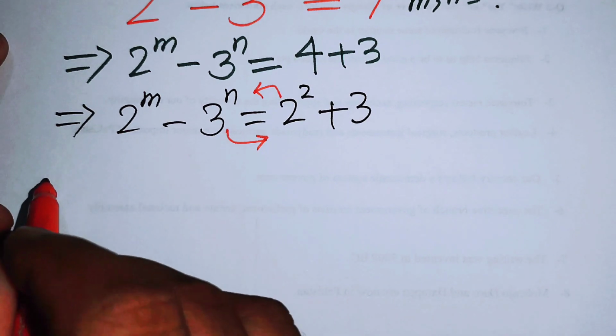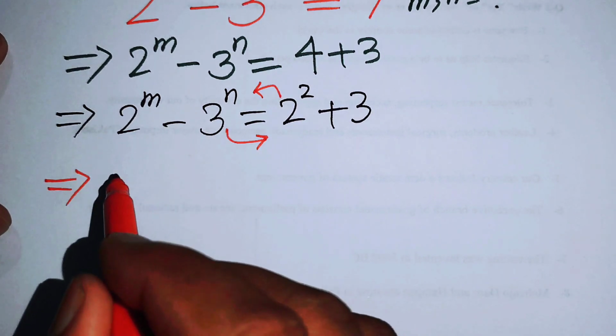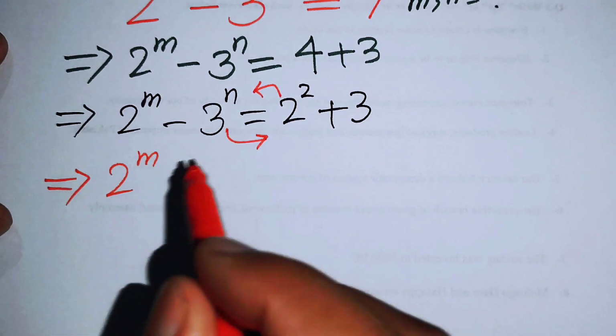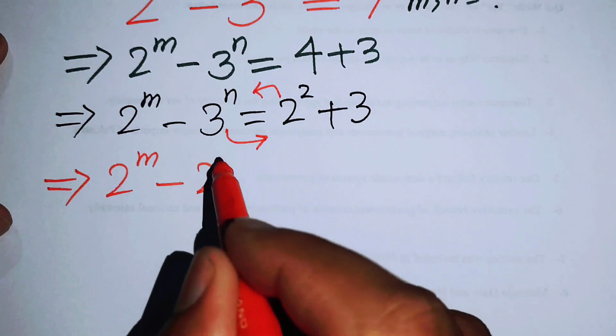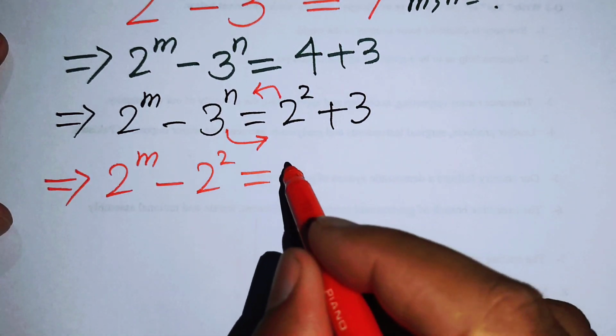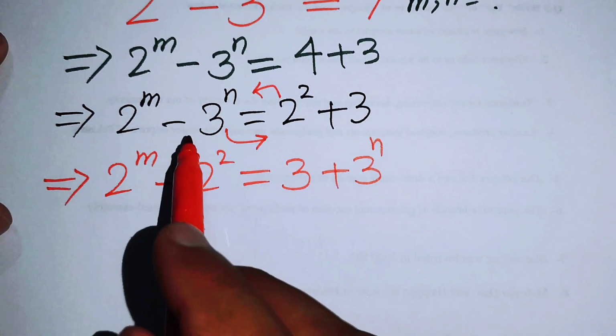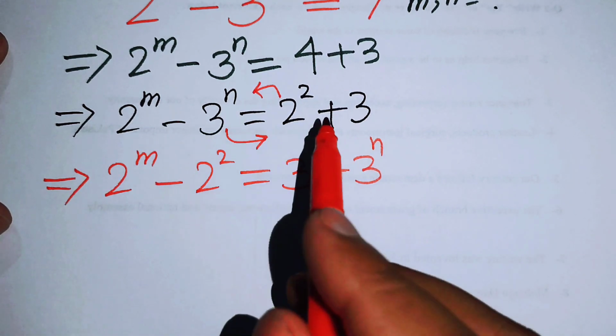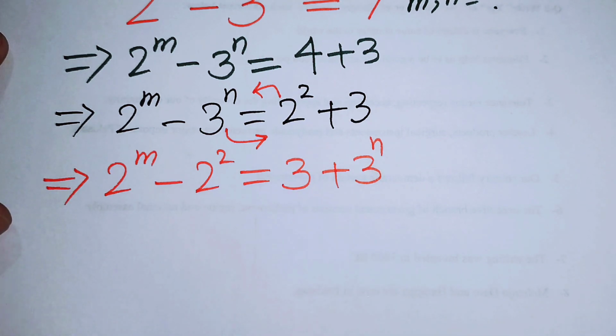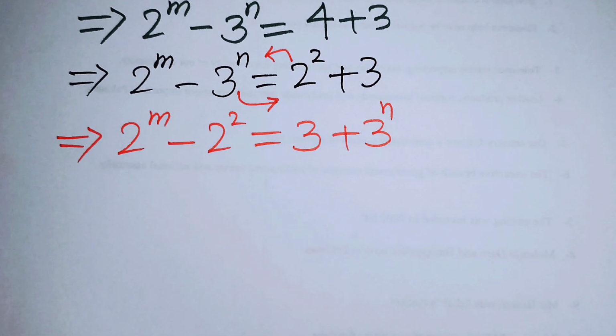So this expression becomes 2 to the power of m minus 2 squared is equal to 3 plus 3 to the power of n, because here it is minus 3 to the power of n, and when we move it to the right hand side it becomes plus 3 to the power of n.